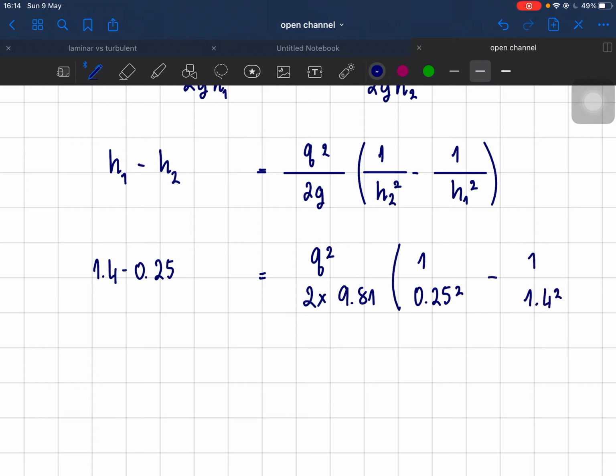This is another bracket here, so you won't be confused about where we should minus and where we should multiply. So now we have everything that we want.